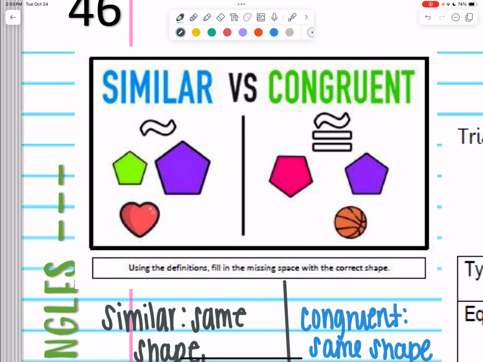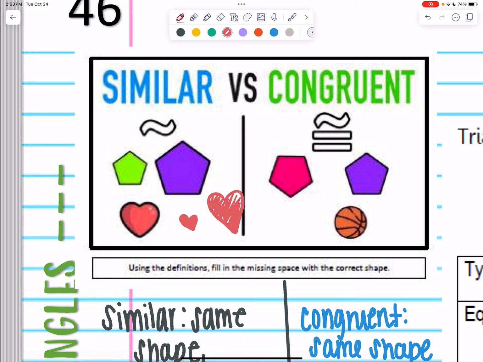And so with this heart, I've got a pentagon there, but the heart, if it's a similar heart, it's going to be the same shape, so both be a heart, but mine is a smaller size. Or I could do a larger heart.